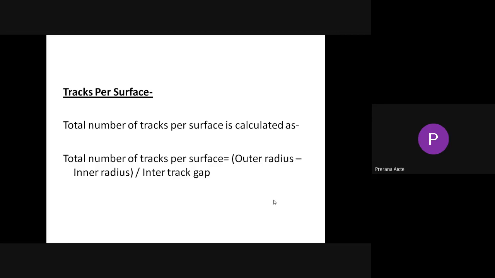But the difference between magnetic disk and magnetic tape is that tape follows sequential access. For example, if you want to access a particular record on a tape, you have to move forward and backward through the data. But in a magnetic disk, you can access a particular record randomly. So magnetic disk follows random access. These are the differences between magnetic disk and magnetic tapes.